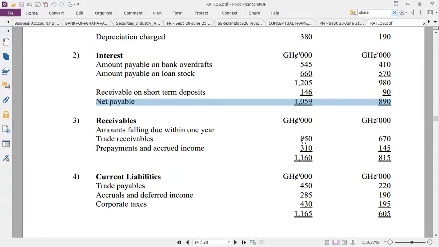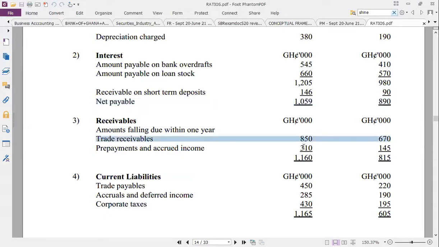Pick only the trade. We don't need the other receivable. Prepayment and accrued income are other receivable. We only need the trade. Then we are done. So take note of that.